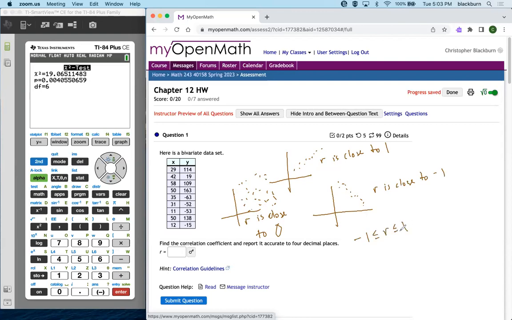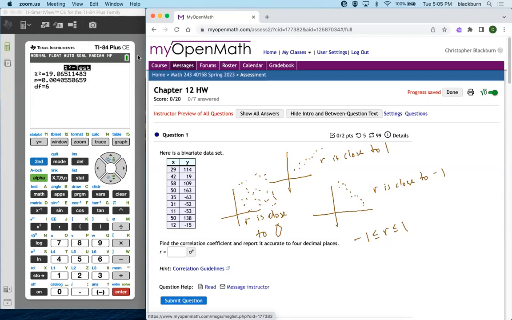If the data lines up perfectly, R is going to be -1 or +1. All righty. So your calculator has capabilities of calculating this correlation coefficient. So let's go over how to do that. Because you definitely don't want to be doing this by hand. The formulas are really cumbersome.